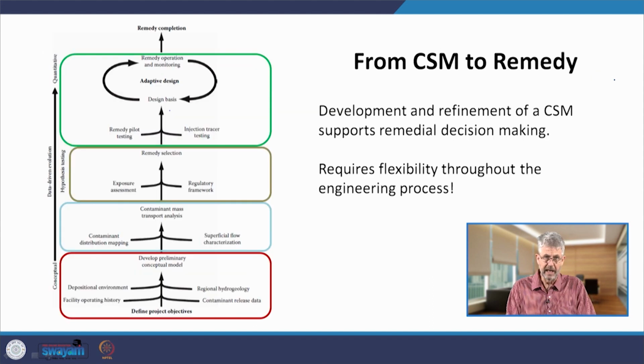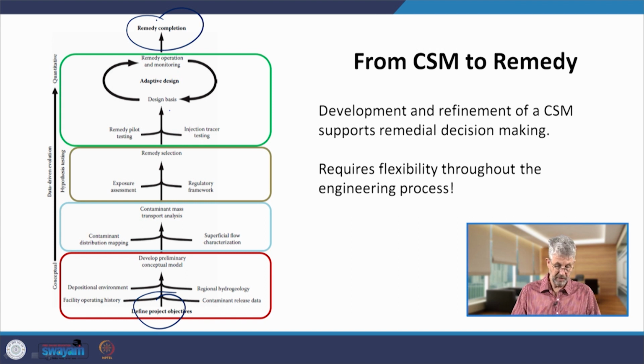And here were the elements that led to not just the CSM, but also to the remediation of a project, starting with defining the project objectives, leading to hopefully remedy project completion. So there is flexibility required in the engineering process of coming up with a CSM and ultimately leading to the remedy process.